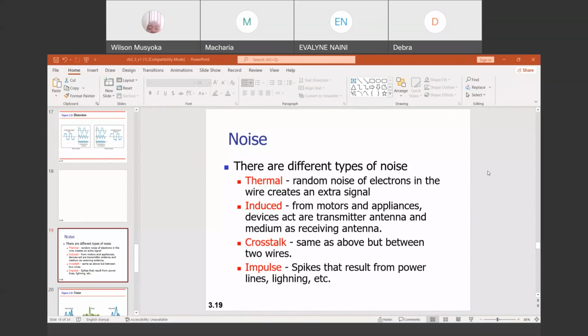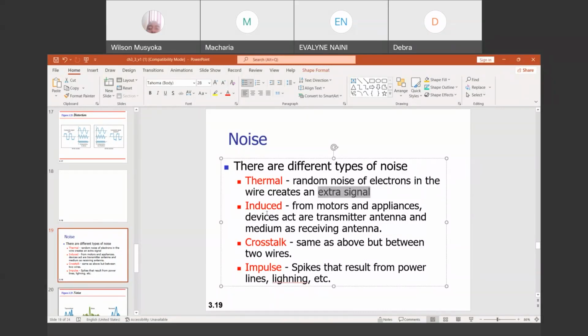If power had a surge, meaning that more power has come into the cable, there could be some extra electrons that are thrown off, and they might affect the signal that is being transmitted in your cable. Because we said that when you're transmitting data through cable, that is digital data, it is going to be converted into electronic signals. So when you add an extra electron into the signal, it is going to create an extra signal, and that is what brings about thermal noise.